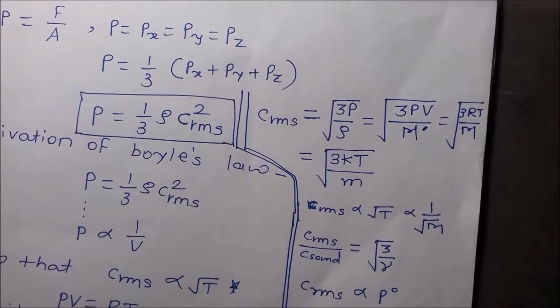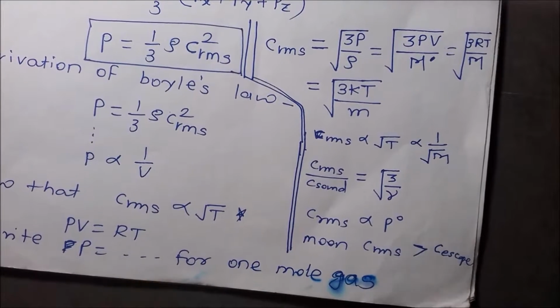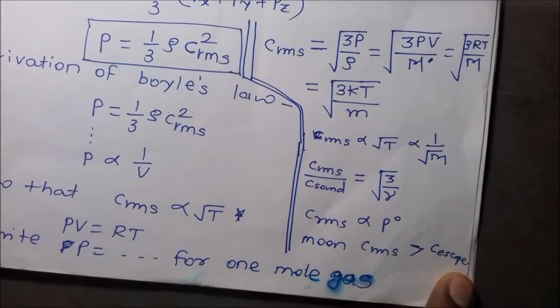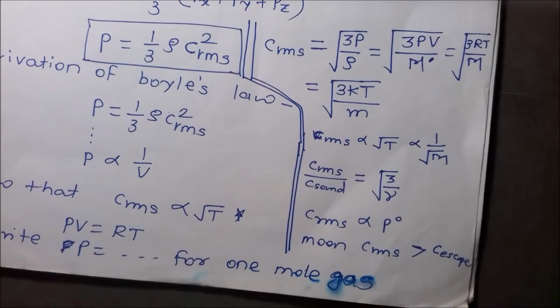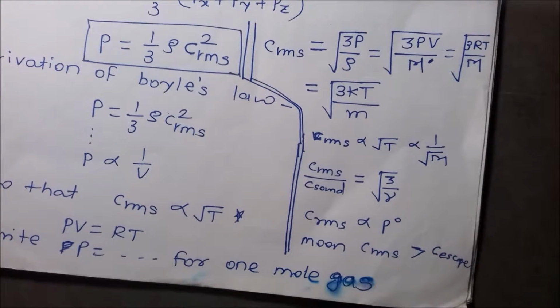CRMS upon C of sound is root 3 upon gamma. Then for moon, CRMS is greater than C escape. Therefore, moon has no atmosphere. All the air molecules on the moon have escaped the gravitational field of moon because CRMS is greater than C escape.